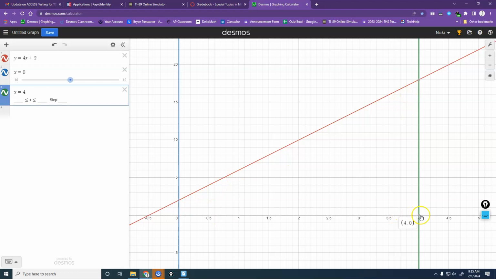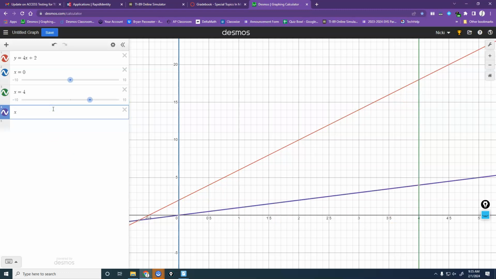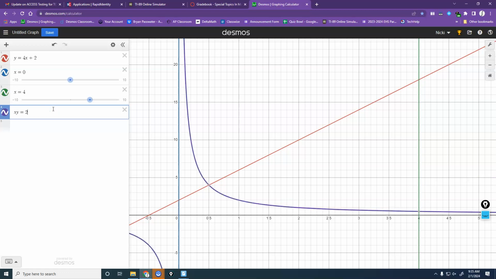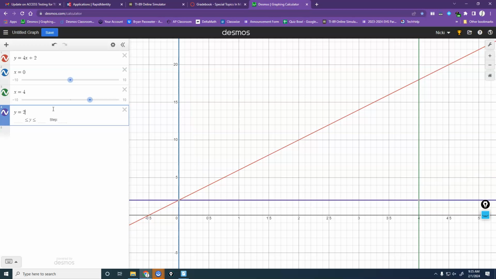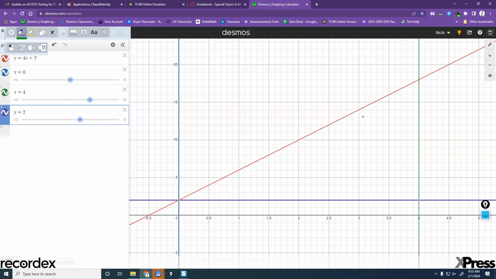Did we have to do all that? That is a straight line, right? So if I put in y equals 2 right here, I could find the area of this rectangle and the area of this triangle, right? This rectangle is 4 times 2, which is 8.